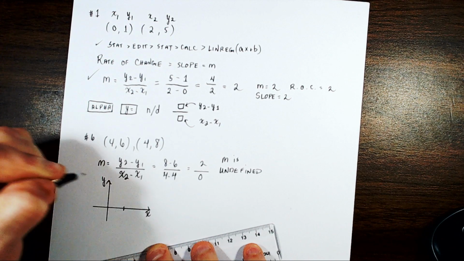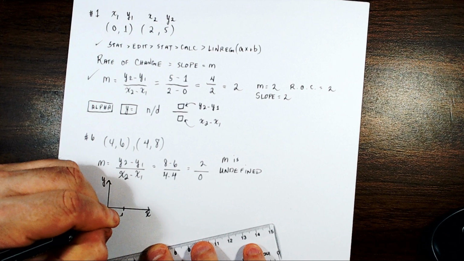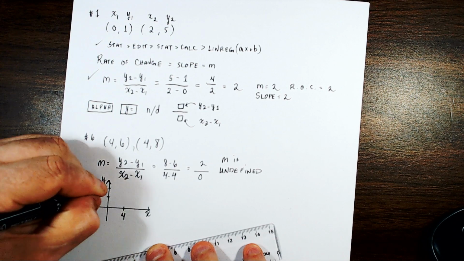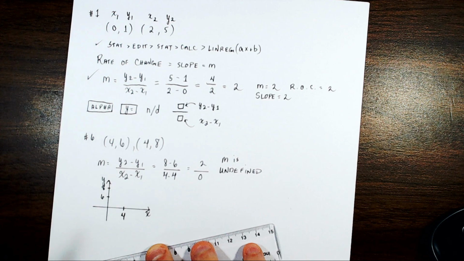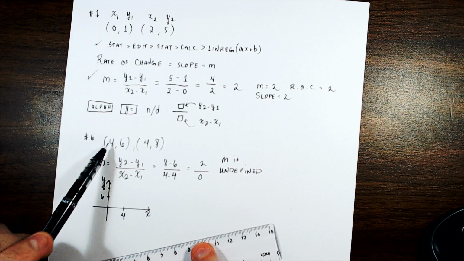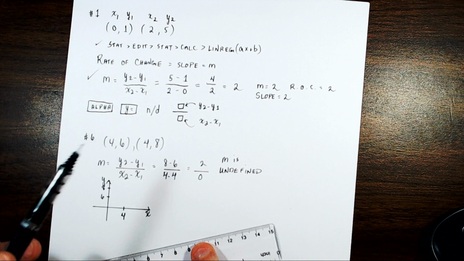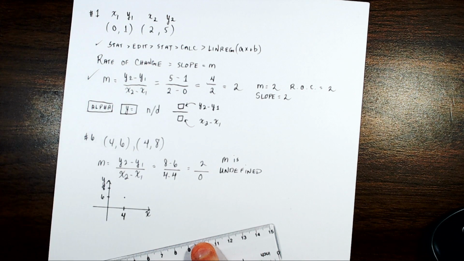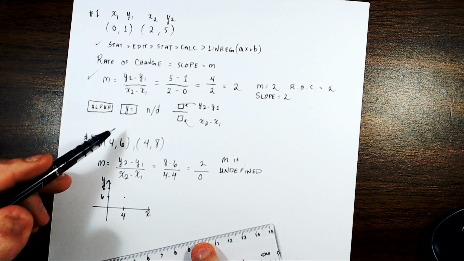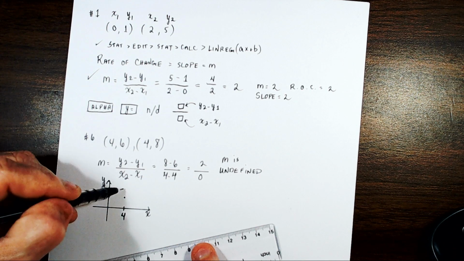Let's call this 4, and then we'll plot these 2 points as 6 and 8. Let me plot 4, 6. I go over to 4 and go up to 6 and plot that point. Now the next one, 4, 8. I go over to 4 and I go up to 8 and I plot that point.